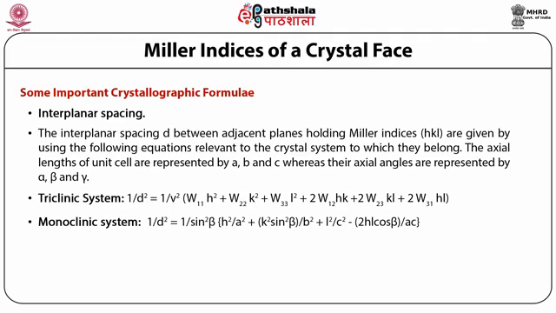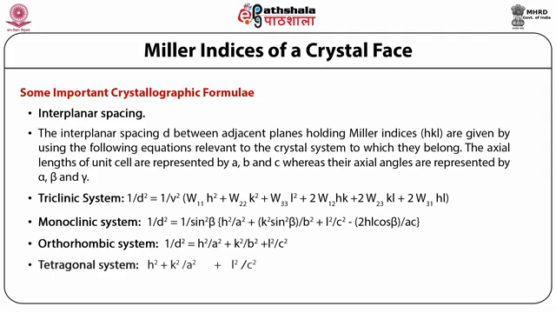For a monoclinic system, 1 upon d squared is equal to 1 upon sine squared beta into h squared upon a squared plus k squared sine squared beta upon b squared plus l squared upon c squared minus twice hl cos beta by ac. For an orthorhombic system, 1 upon d squared is equal to h squared by a squared plus k squared by b squared plus l squared by c squared.